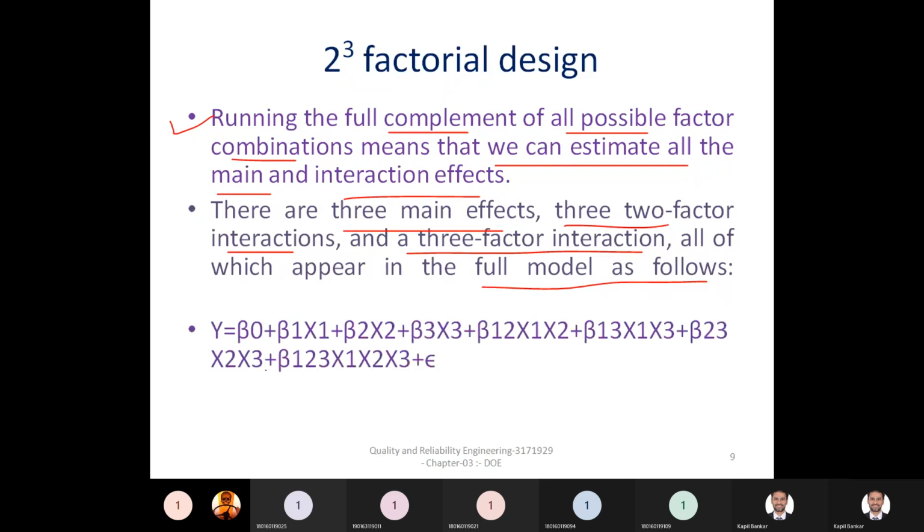So here, main effects 1, 2, 3. Then three two-factor interactions, B12, B13, B23. And one B123, which is the one three-factor interaction. And this is called the regression model that we will look into.